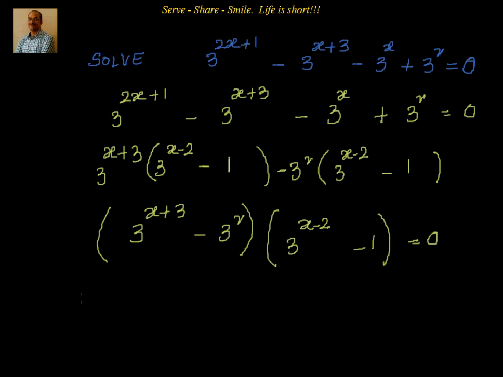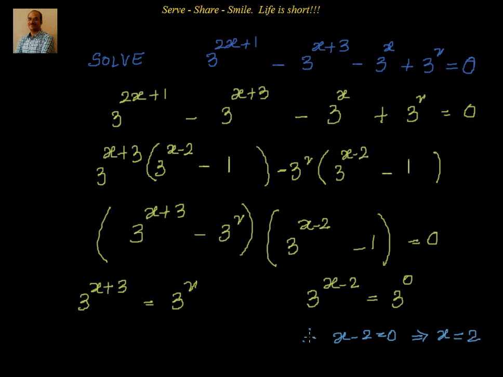If you take them separately, can I say 3 power x plus 3 is equal to 3 square, one solution. Another one is 3 power x minus 2 equal to 1. 1 is nothing but 3 power 0. Now the bases are equal, so the powers should be equal. Therefore x minus 2 equal to 0 or x equal to 2.